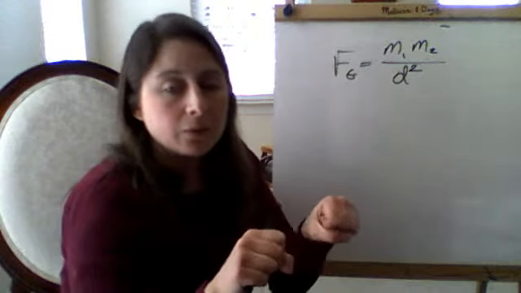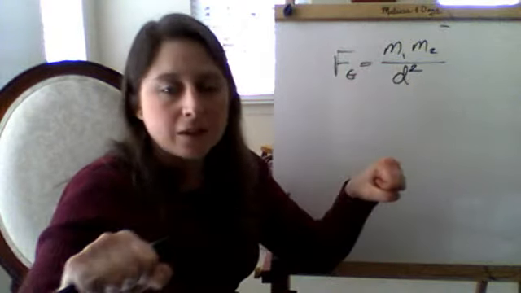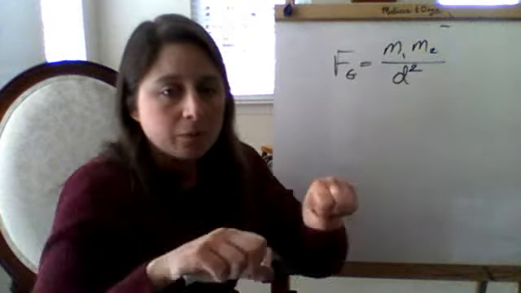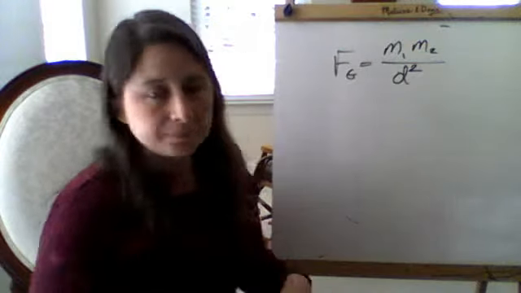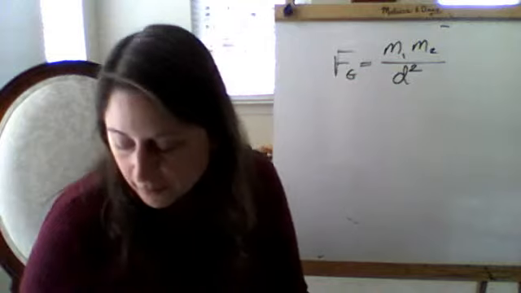So if you increase distance, you decrease force, because when things are further apart, the gravitational force between them is smaller. When things gain mass, gravitational force increases. So that's our equation, and now we'll look at the first problem on the quest.